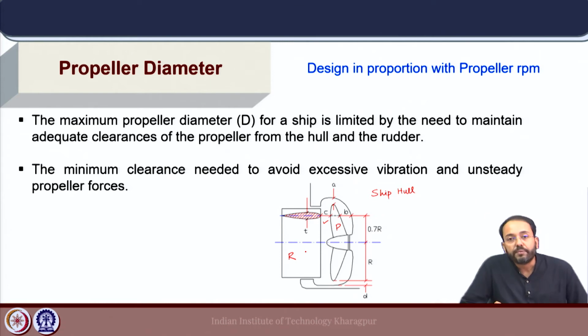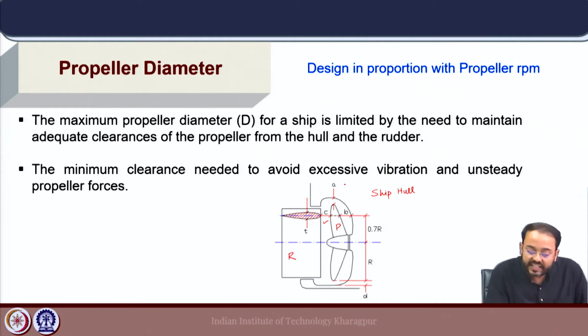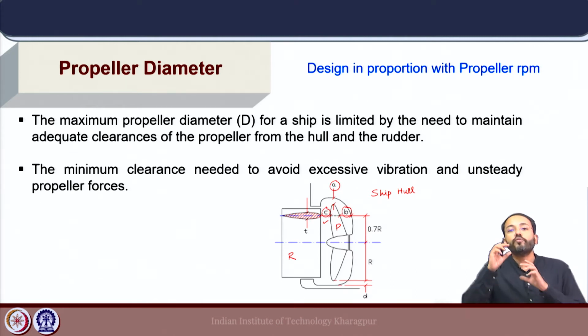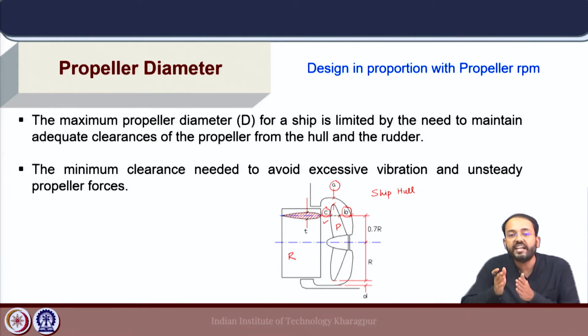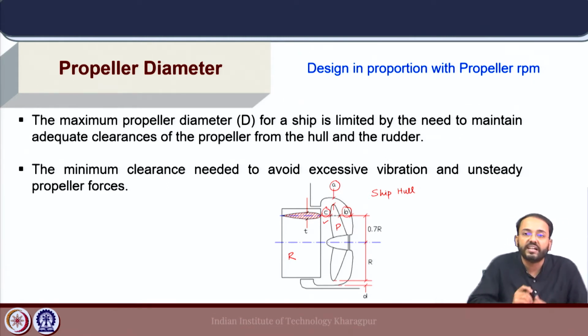Now, the propeller has to maintain certain clearances with the hull as well as the rudder. Here A, B and C are the clearances which are shown from the propeller blade tip to the hull in the forward direction and between the propeller and the rudder.